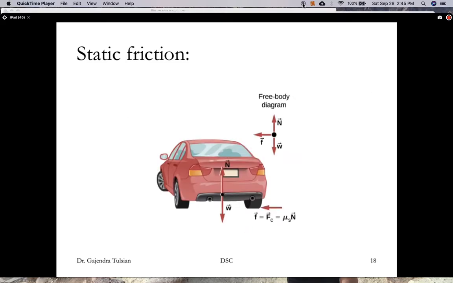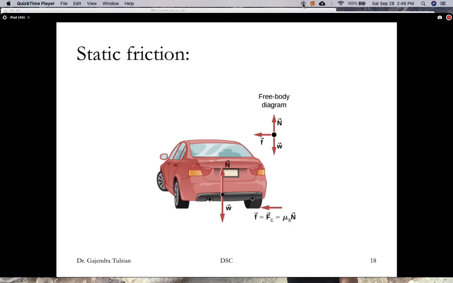So, for instance, if you were driving on a flat road and there is the center of the circle, you need a centripetal force in that direction. The maximum value of the centripetal force is mu s times the normal force. The normal force on a flat road is equal to the weight.